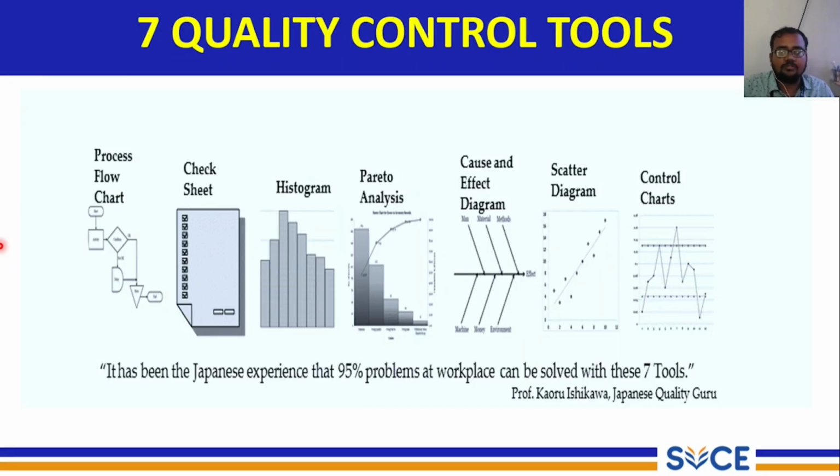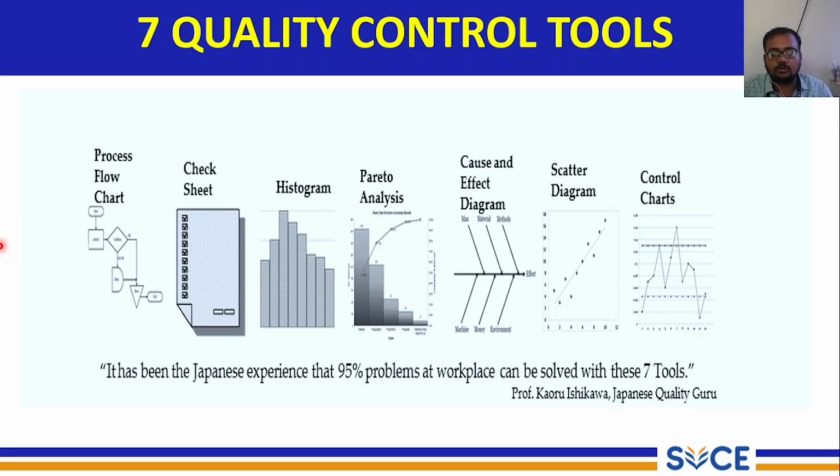What are the 7 QC tools? Why are they called traditional tools? It is because these are the most conventional tools, which have been in practice for a very long time. Most Japanese industries, from their experience, found that the 7 QC tools are ideal for any problems arising in industries.